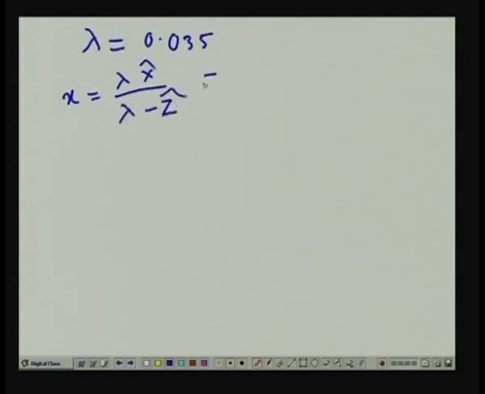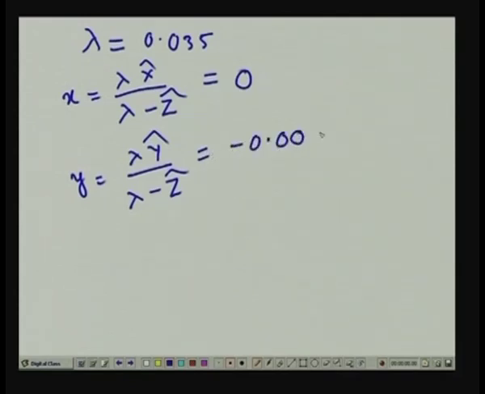If I apply the perspective transformation and assume that the focal length of the camera is 0.035, then we obtain the image coordinates as x equal to lambda x hat divided by lambda minus z hat, which will be in this case of course 0, and y equal to lambda y hat divided by lambda minus z hat, which if you compute, will come as minus 0.0099.